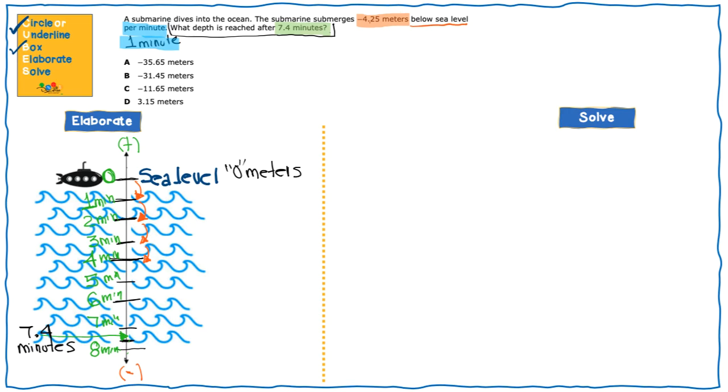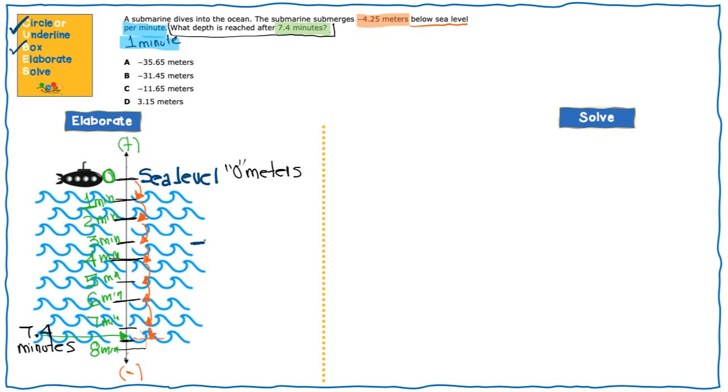Is that gonna happen again? Yes. And you see how I have this orange arrow is because it matches with this number right here. So this is what I'm doing. And then it's gonna happen again, and it's gonna happen one more time. It's gonna happen one more time, and not a complete negative 4.25. This is gonna be a section. You can see that it's a small piece.